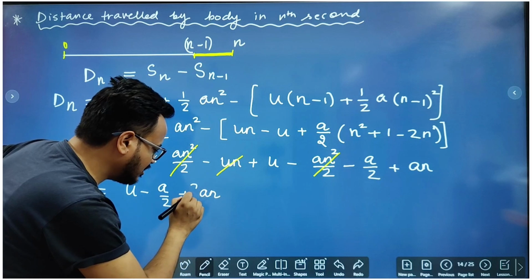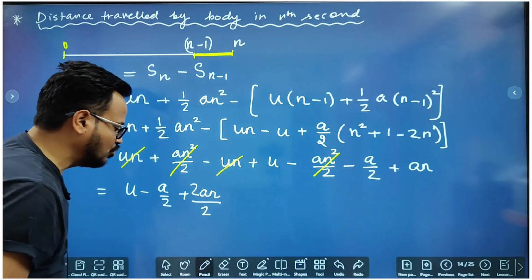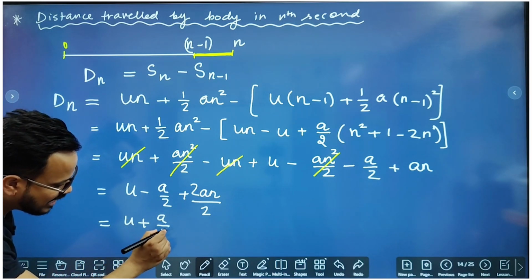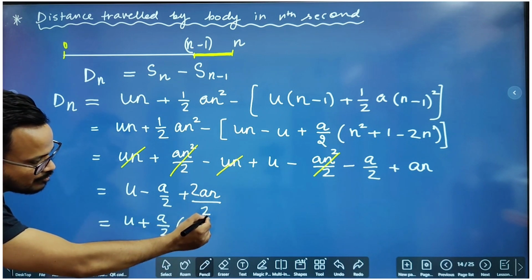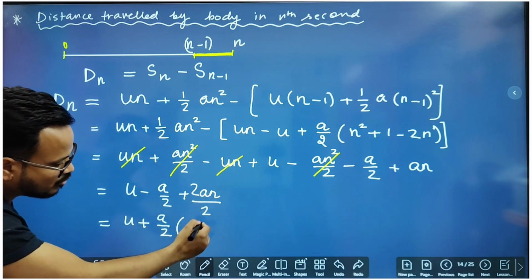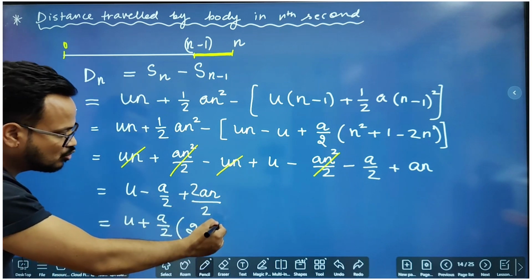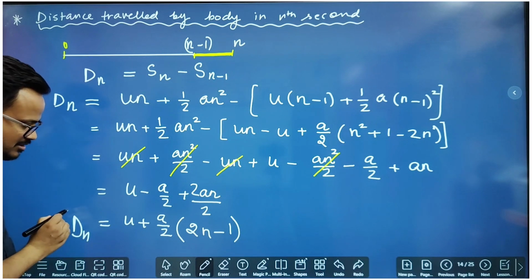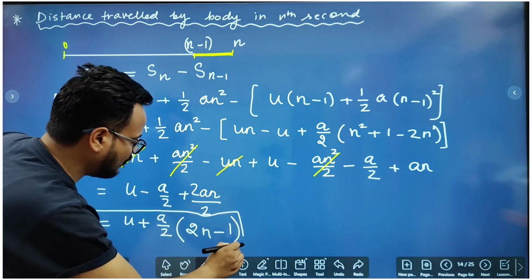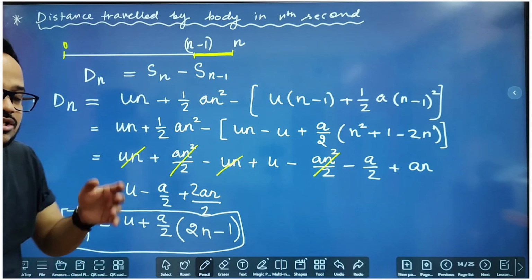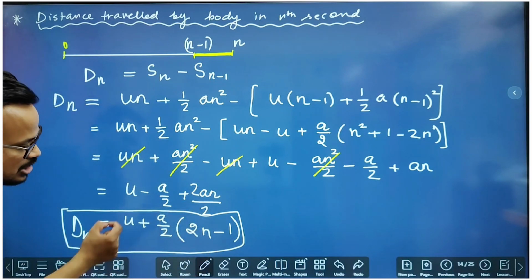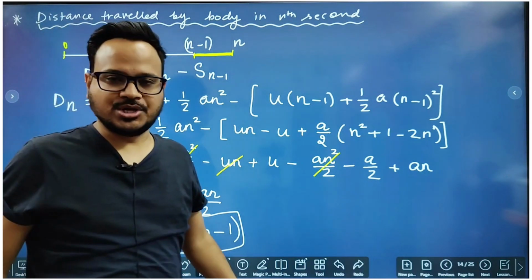So if we multiply this part with 2 and divide with 2 and we take u plus a by 2 as common, then a by 2 outside, what is left here is 2n minus 1. So we will remember this concept as this equation. Now if it is given that we have to find the distance traveled by the body in, suppose, the 10th second, we will put n as 10, and u and a must be given in the question itself. Okay.